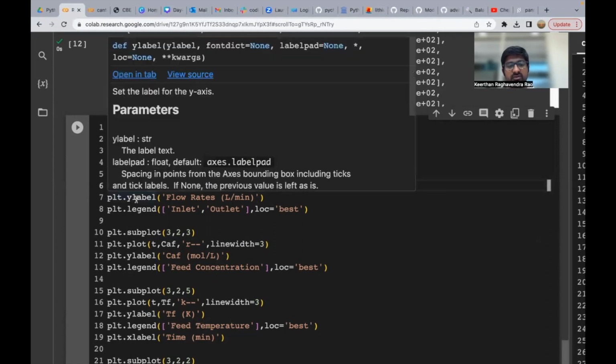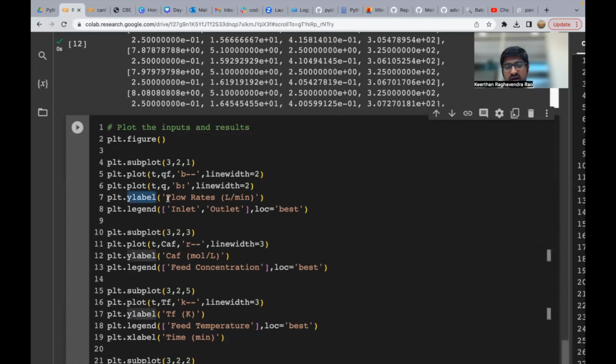And y label is a function that sets the y-axis. And legend basically gives the legend in the form of a list if you include it, inlet comma outlet. And it chooses the best location by default. So if you want to change this location, you can say top, bottom, or whatever. But default is usually good.